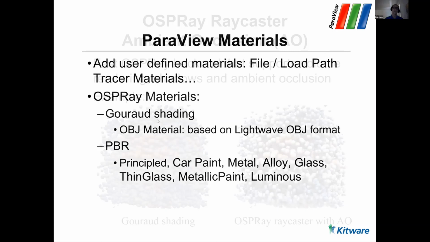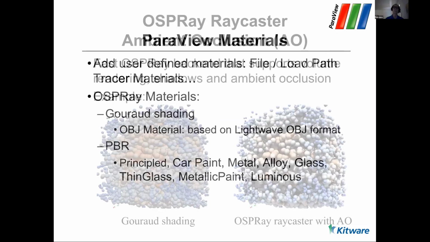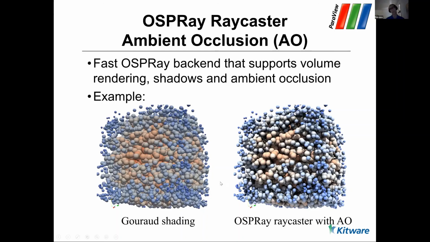And this is the last example. I show you ambient occlusion that's available in the OSPRay raycaster. You can use that to get a nicer visualization, especially for lots of small objects.